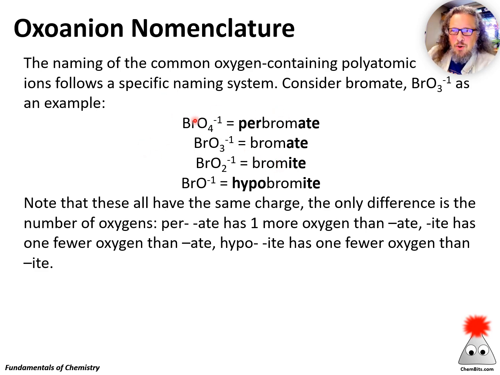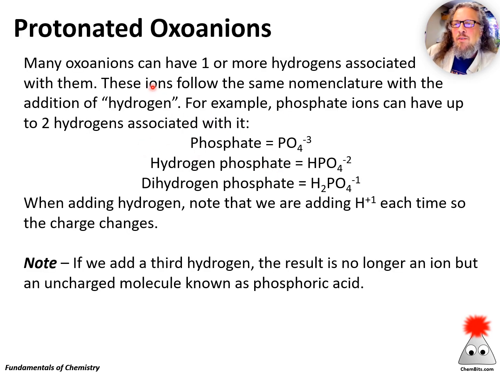Another thing about oxoanions is that they can be protonated. They can have H plus added to them, hydrogen. So if we've got an oxoanion that has a charge more negative than -1, we can add H plus. We can hydrogenate those.